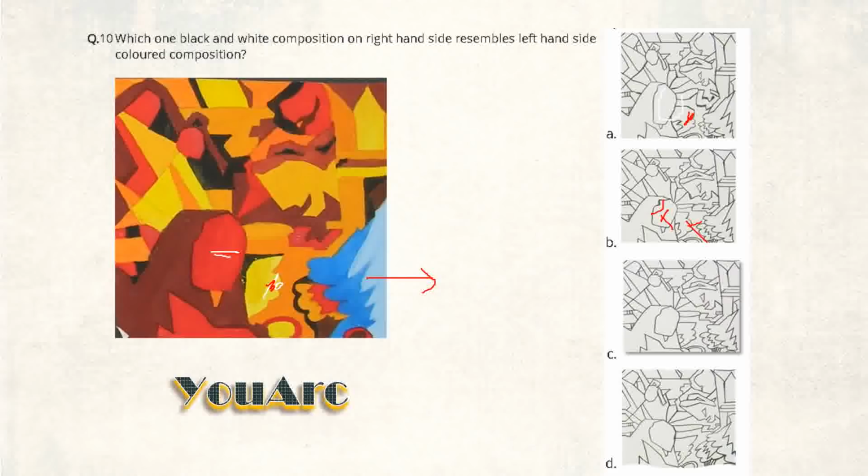So let's see, yeah, it is getting matched here, and even this area is getting matched. Let's see the fourth one. No, it's really not getting matched. So the option will be C.